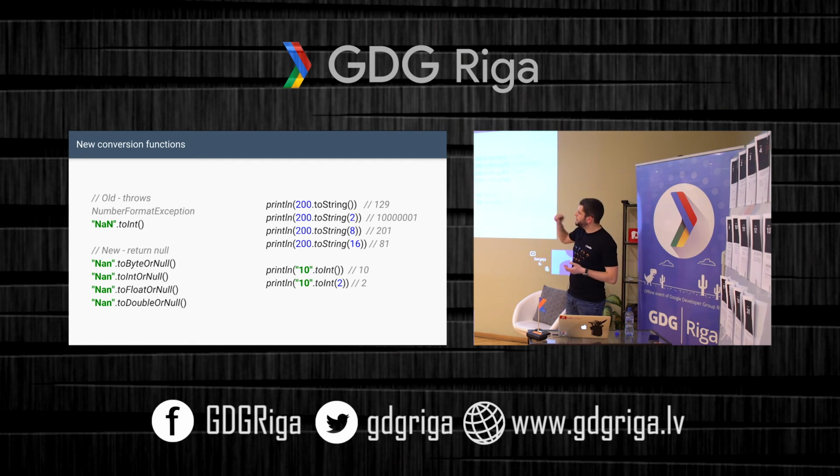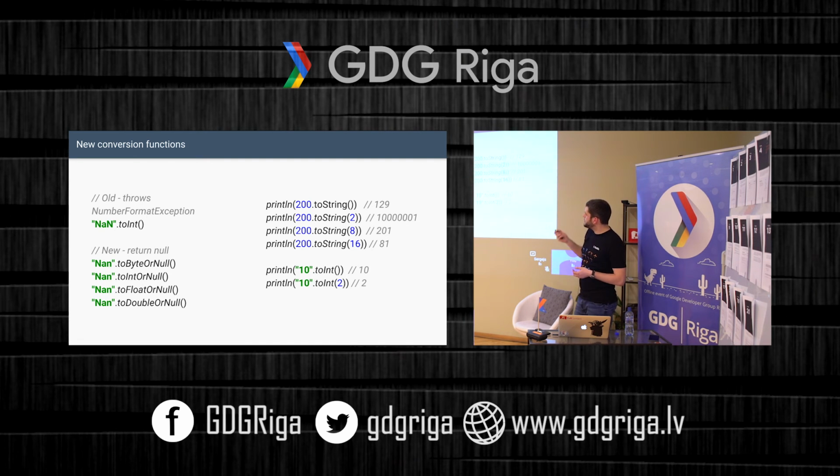So, for example, the first line should throw number format exception. But now you can use to something or null, and this will return the nullable value. So if the conversion is not correct, so it's not possible to convert whatever value you have to the type you have, it returns null. No need for try catch around that or runtime exceptions. Just in a quite safe way, you work with nullable values.